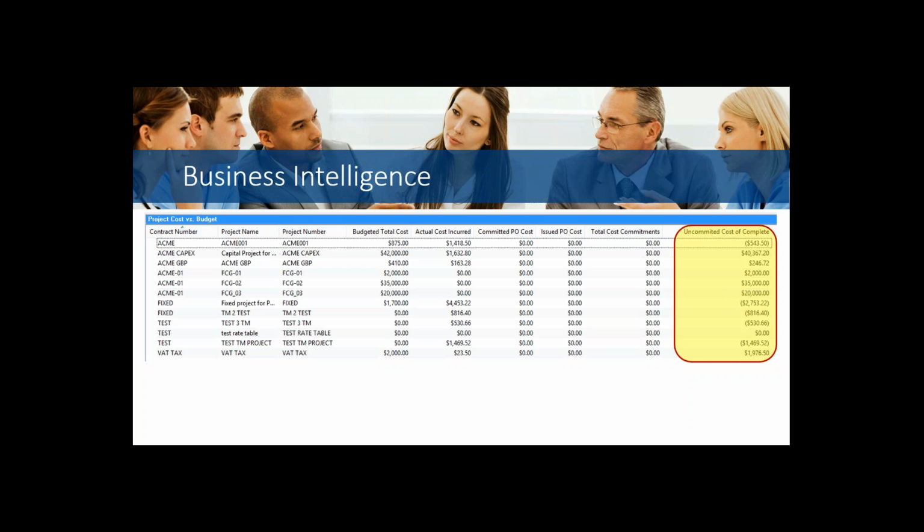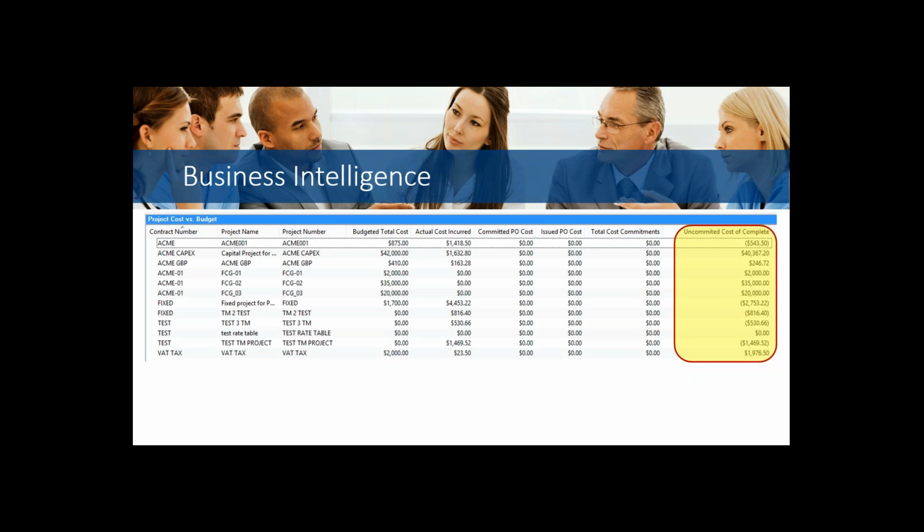And you'll notice some of those variances are negative, some of them are positive. My very first project there, I expected to spend or incur $875 of cost. So far, I have incurred $1,418.50. So I've gone over my budget.